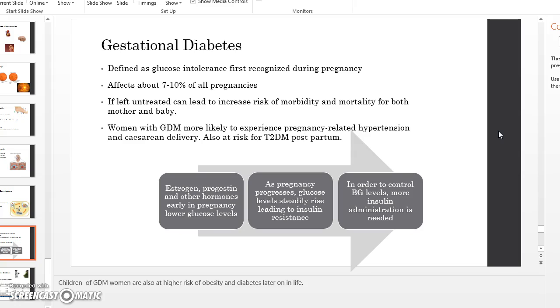So in order to improve those blood glucose levels, more insulin is needed, maybe simply your body producing more insulin, however that's resulting in a higher blood glucose level than is normal, or the level that we may need to administer medications which include insulin.